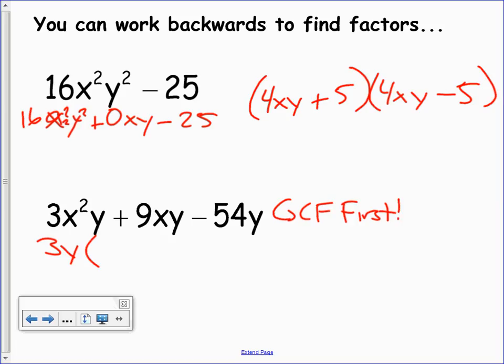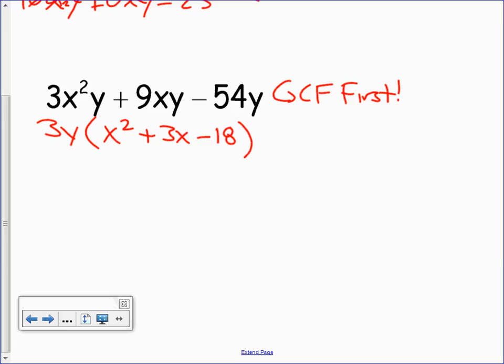So we end up with minus 54 divided by 3. Now the 1, the 3, and the negative 18 is what you would put into the polysolver.